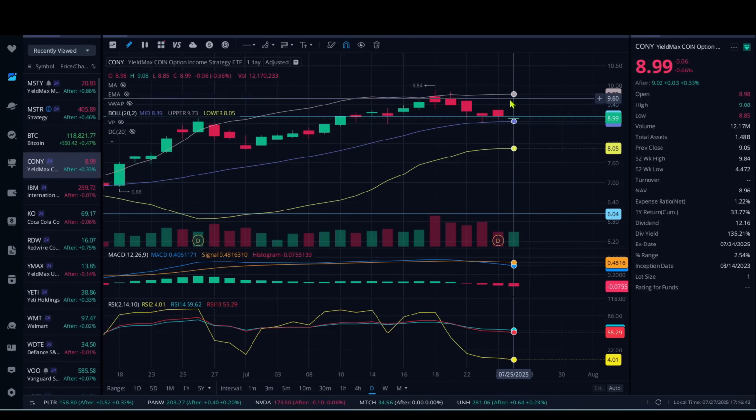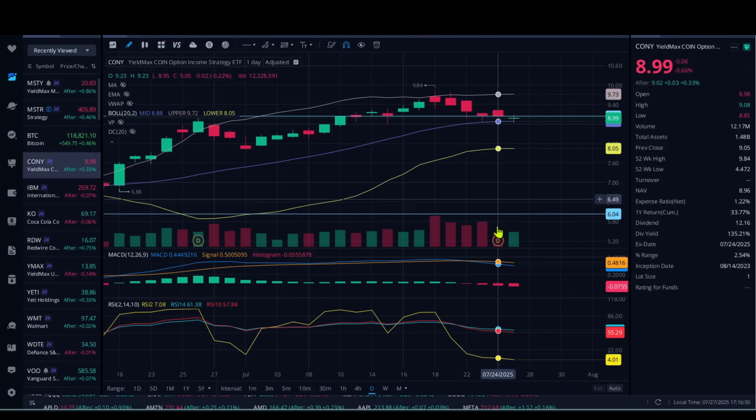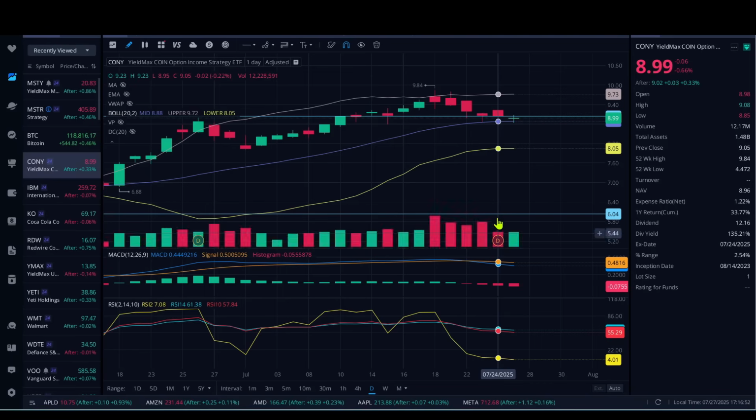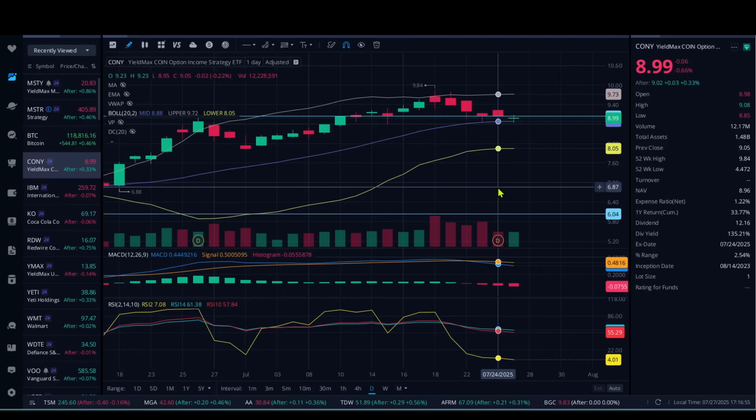It is still above that midpoint. So it's not necessarily in my buy zone, but I did purchase a few shares at the X date on the 24th. I did buy about 10 shares at $9 per share, as I need to work on this one as well to get my average down on CONY.